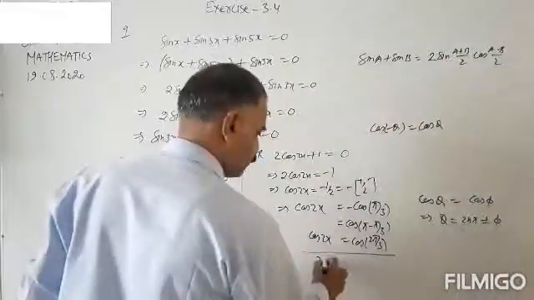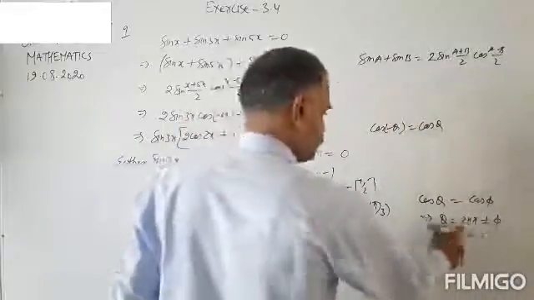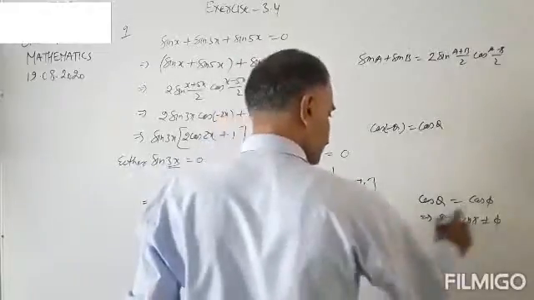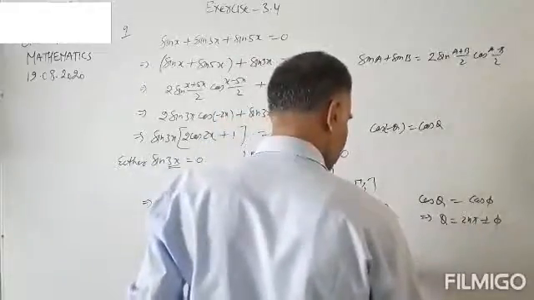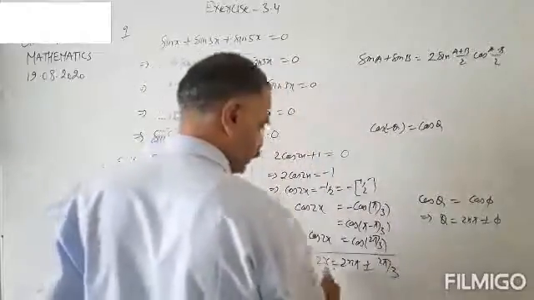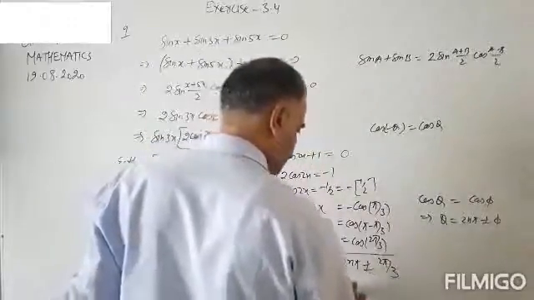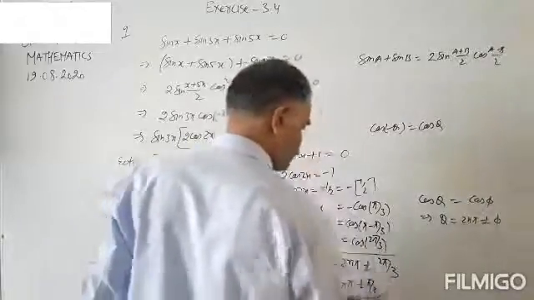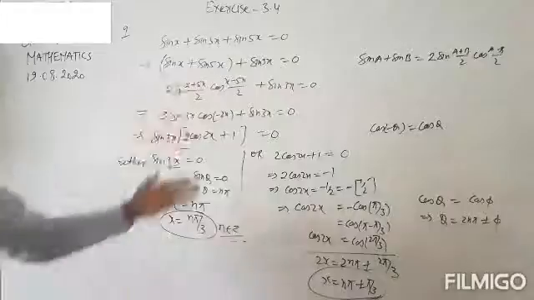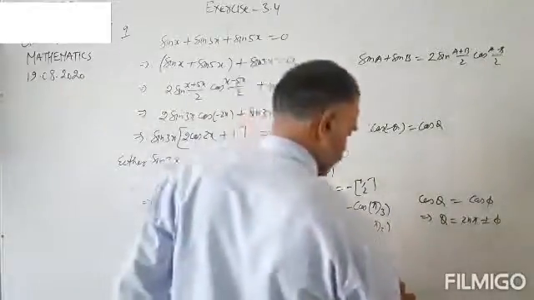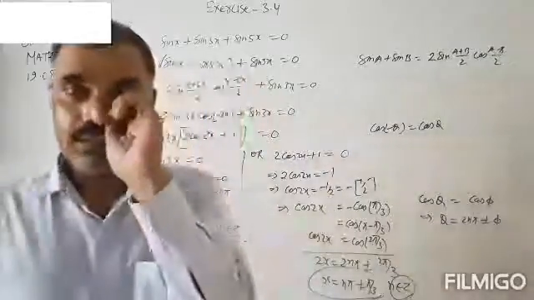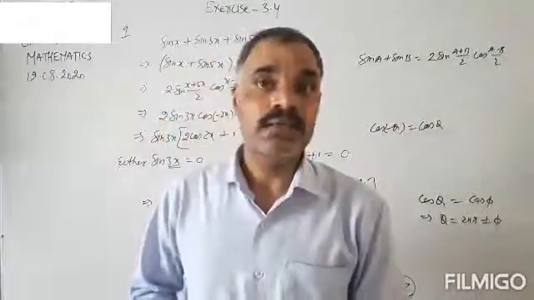So 2x equals 2n pi plus minus 2 pi by 3, and after dividing by 2, we have x equals n pi plus minus pi by 3. This is the second general solution of the given trigonometric equation. Here n belongs to Z, the set of integers.